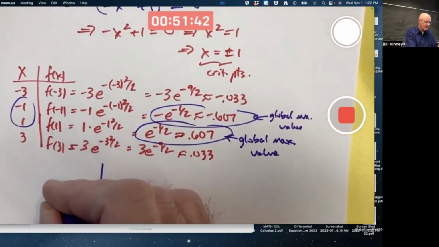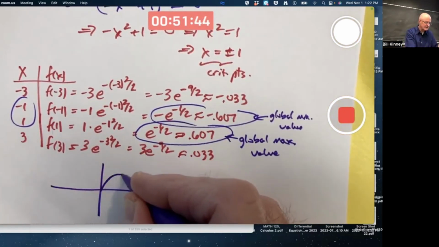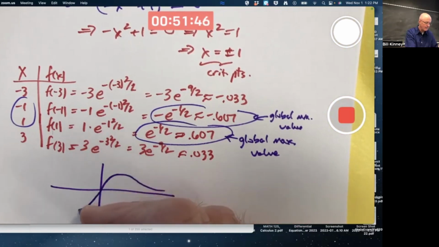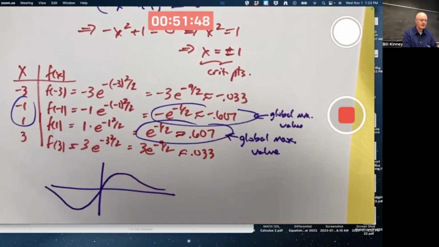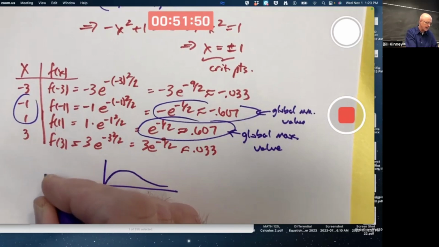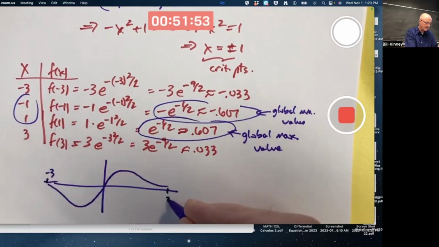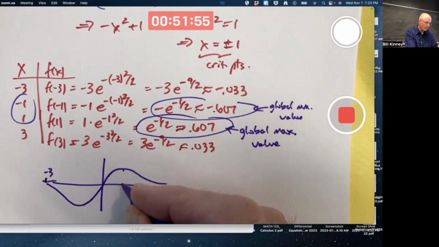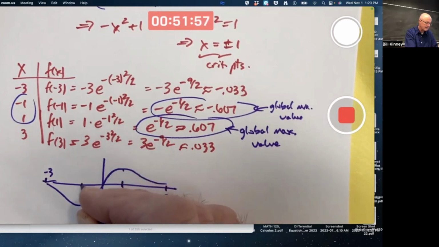The graph in this situation happens to look about like this. And say -3 is right there and +3 is right here. 1 is going to be there and -1 is going to be here.